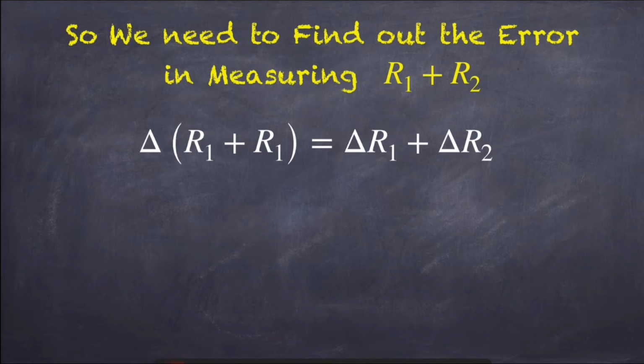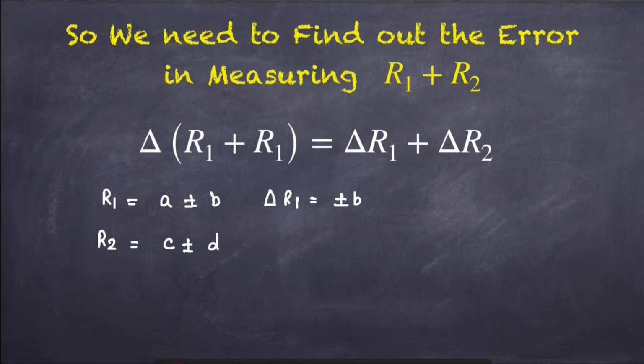Since R1 was given as A plus minus B, where A is the measured value of R1 and B is the absolute error in measuring the value of R1, the absolute error of R1, that is delta R1, is equal to plus minus B. Now R2 is equal to C plus minus D, where C was the measured value of R2 and D is the absolute error in measuring the value of R2.